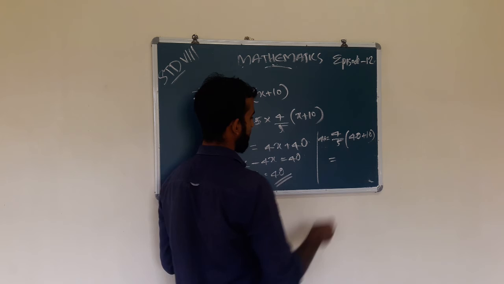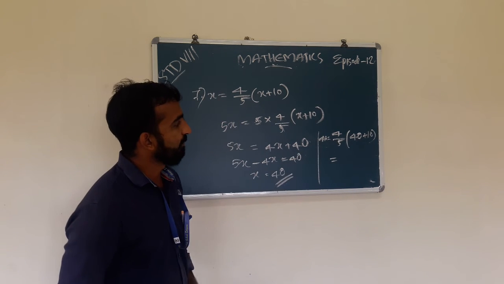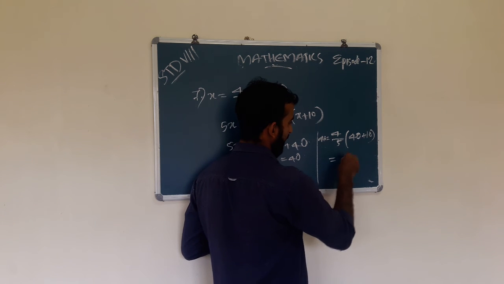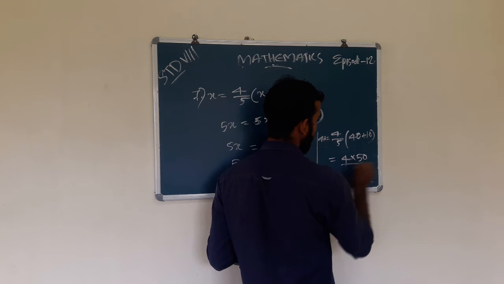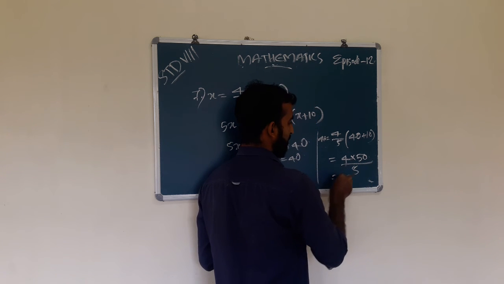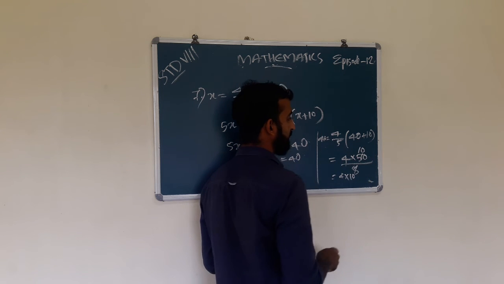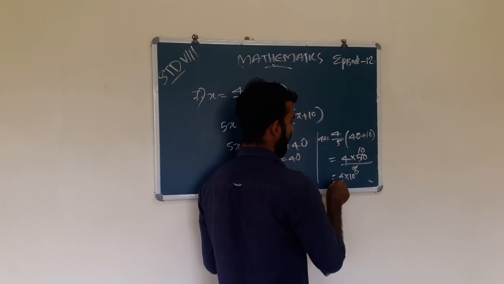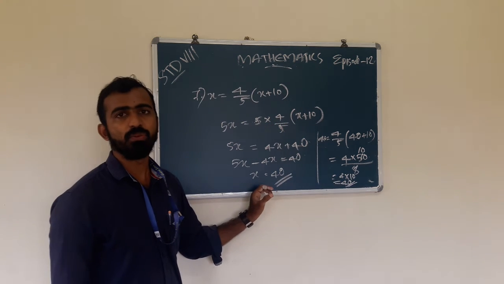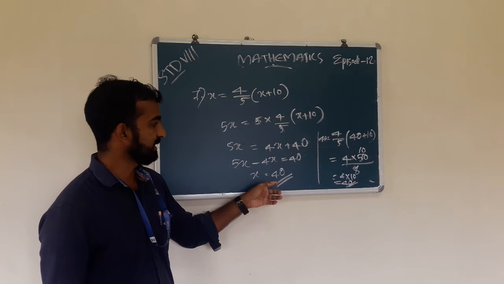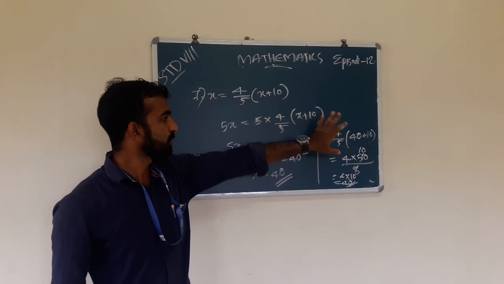What is the answer? 50. 4 into 50 by 5. When we cancel 50 and 5 or simplify, we get 10. That is 4 into 10, that is 40. Answer is 40. Here is also 40. That is 40 equal to 40. That is true.